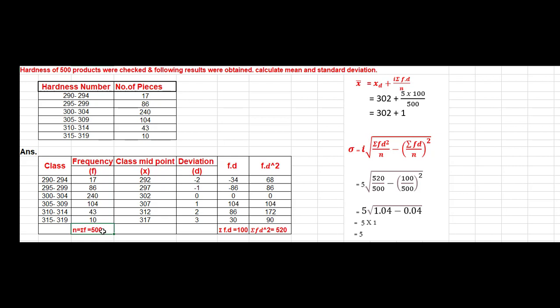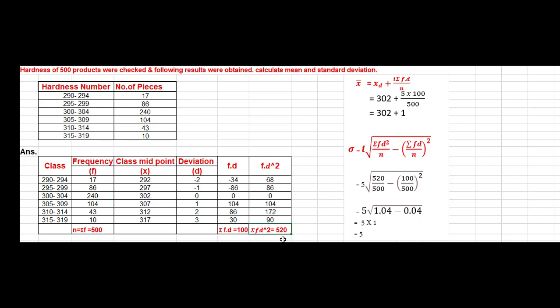Sigma f into d, that is sigma fd, will be 100, the summation of all these values. And sigma fd square, the summation of all the values of the last column, will be 520.